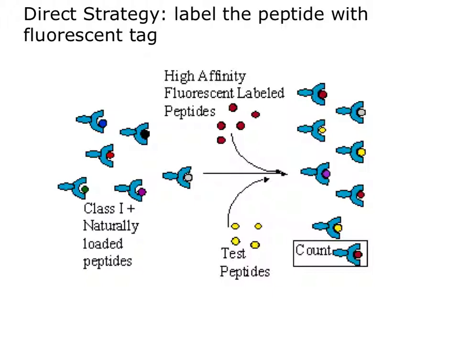So in terms of identifying binders to antibodies, you can label the peptide with a fluorescent tag, and you can directly monitor those that are bound. So here are naturally loaded peptides with specific antibodies.